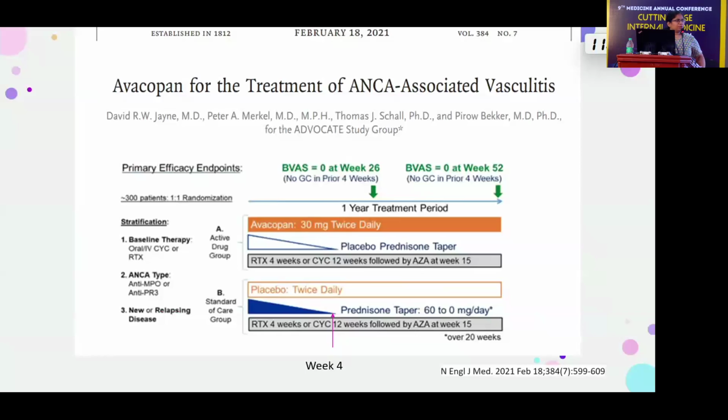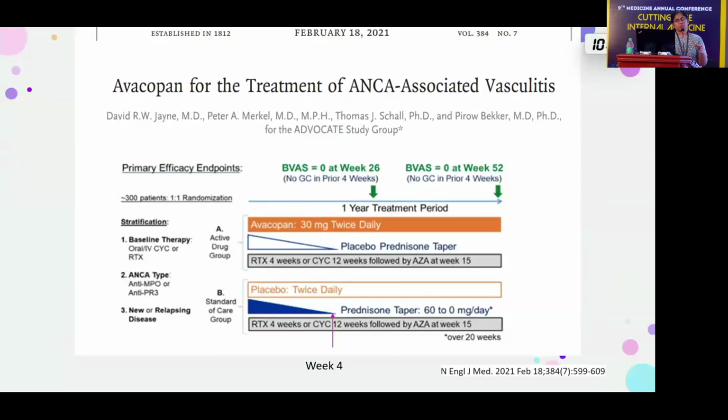Just going to the ADVOCATE trial in brief, the trial recruited around 300 patients across the severity range from non-severe to severe disease. The baseline therapy was oral or IV cyclophosphamide or rituximab along with methylprednisolone pulse.